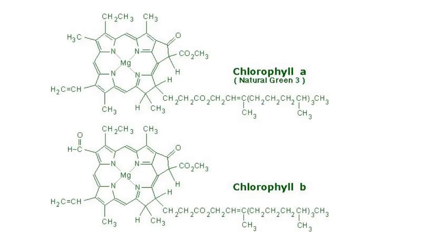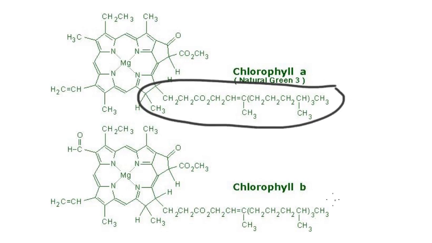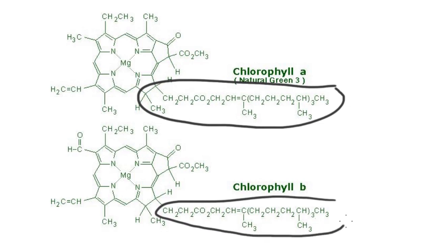Here we're looking at two different chlorophyll pigments that are involved in photosynthesis. Both of these are going to be located in the thylakoid membranes, and here we can see the molecular structures for these. It's not necessary to know the chemical structures, but one thing that I do want to point out is that both of these have large hydrocarbon portions, or what we would call hydrocarbon tails. This is important because these pigments will embed in the thylakoid membrane.